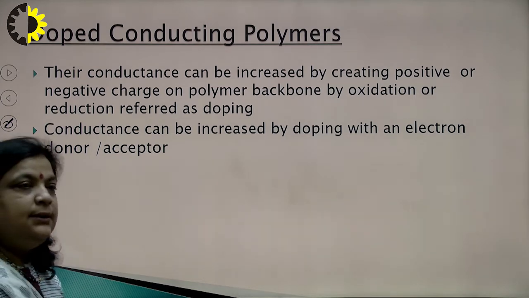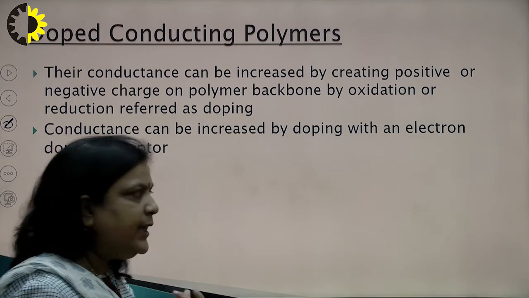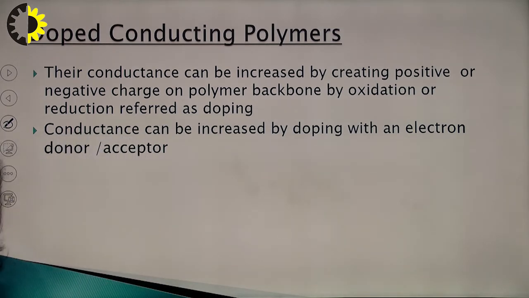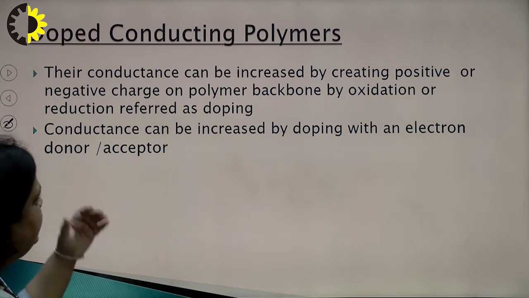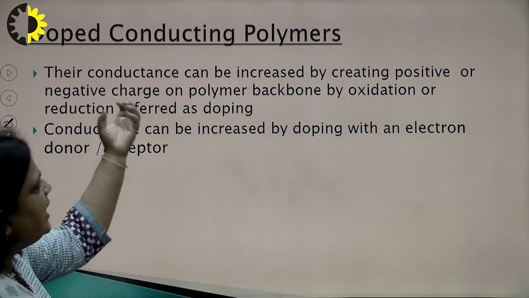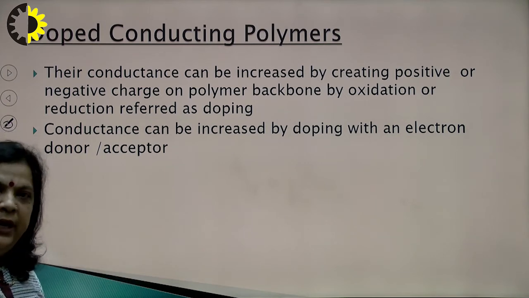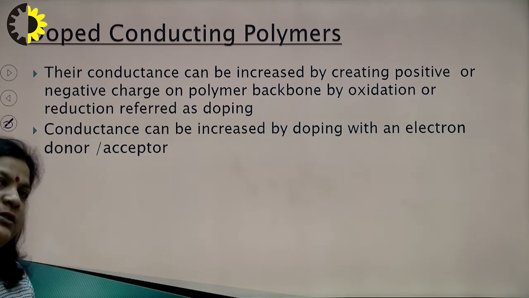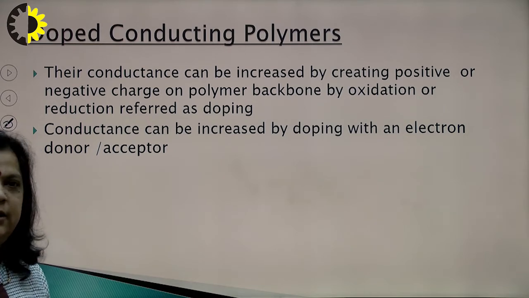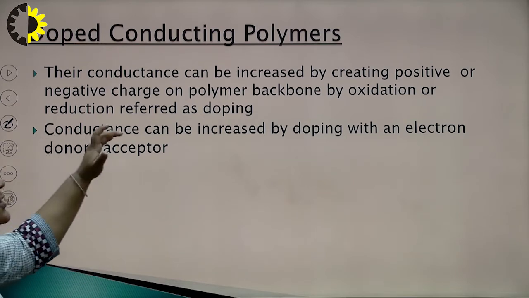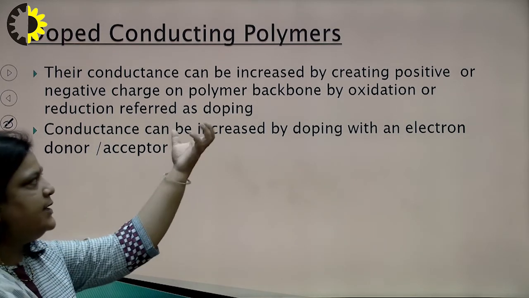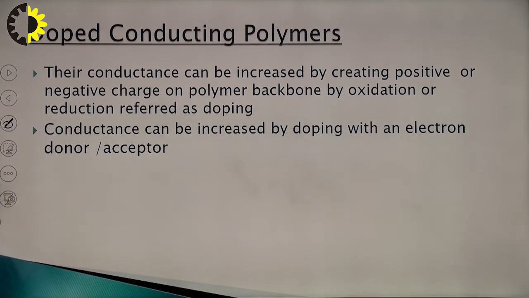We know that conducting polymers can be easily oxidized or reduced as they have low ionization energy and high electron affinity, and that is why the conductivity can be increased by creating positive or negative charge on the polymer backbone or chain by oxidation or reduction, which is referred to as doping. So, first, what is doping basically?